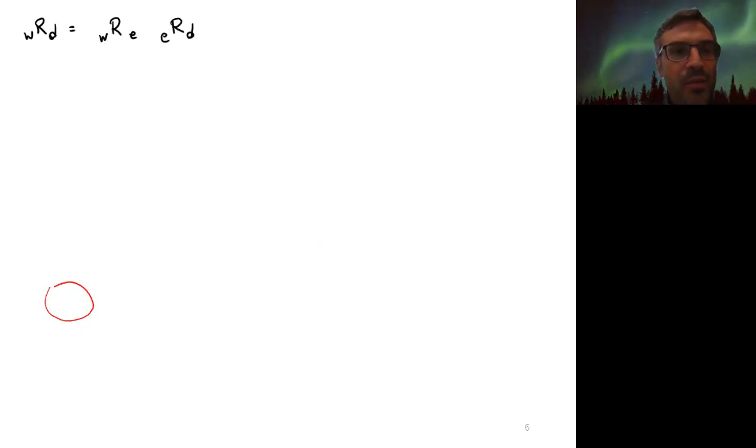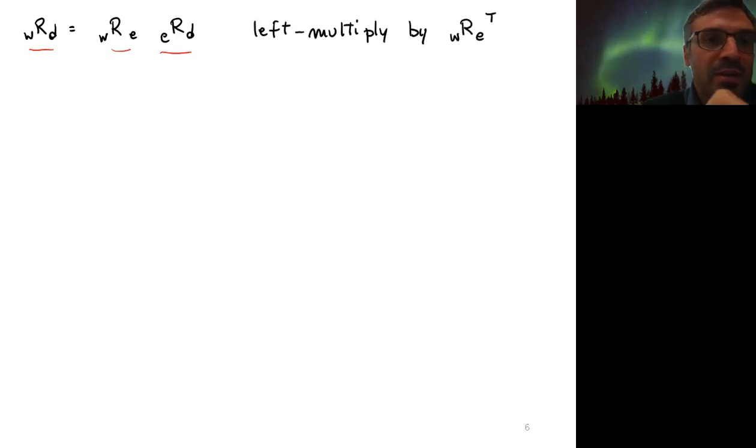This is done the following way. First we express the desired orientation from world to desired frame as a composition of the rotation matrices between world and effector, and then from the end effector to the desired frame, which is the thing we are interested in.